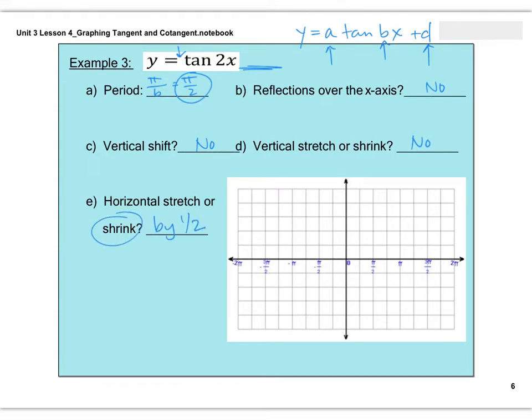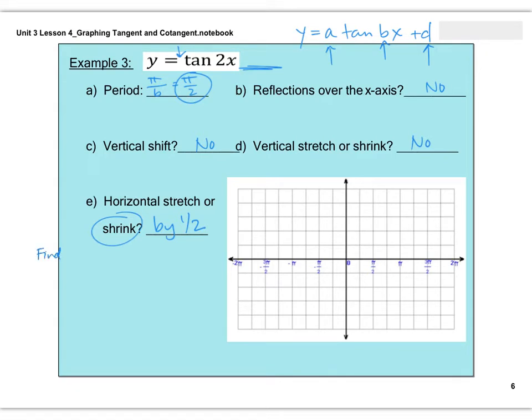To start graphing, you first need to place the vertical asymptotes. So you have to figure out where they are going to be. Normally, for tangent, they would be at negative pi over 2 and positive pi over 2. So we have to figure out, because the period changes, what happens to those. And so I'm just going to make a note here.